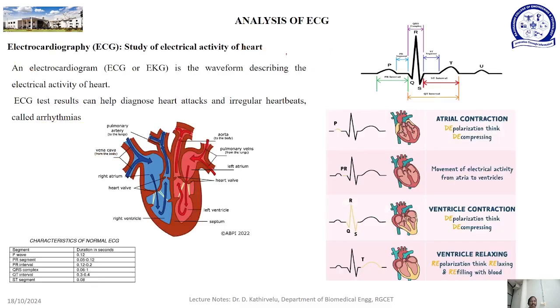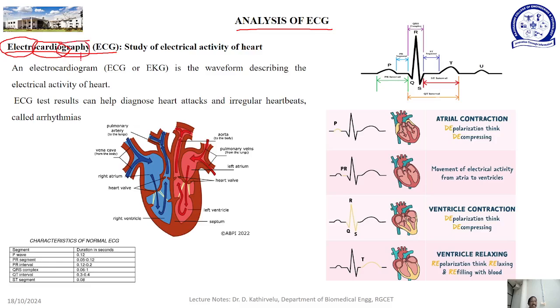Before we move on, let us start with analysis of ECG. ECG is electrocardiography, which is the study of electrical activity of the heart. Electro stands for electrical signals that are obtained from the body. Cardio denotes that the electrical signals are with respect to the heart, and graphy means study.